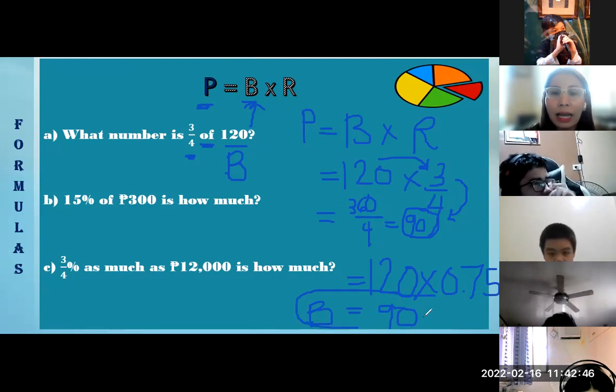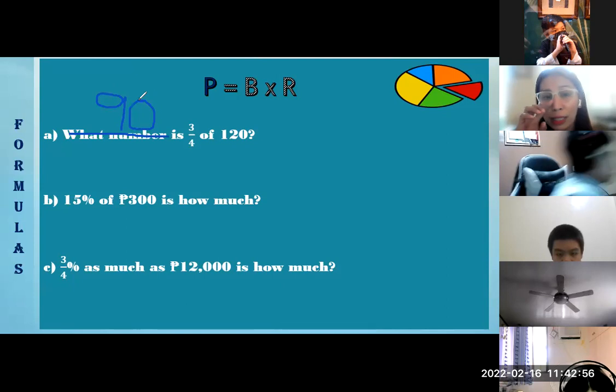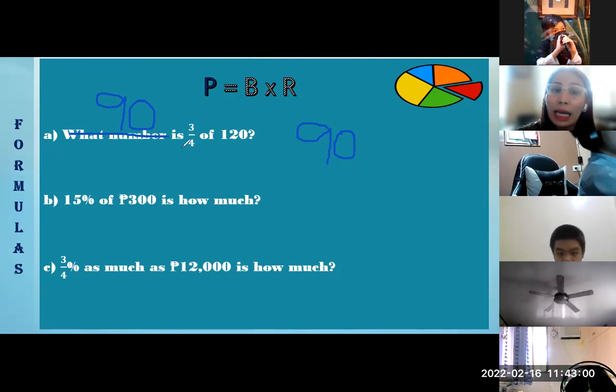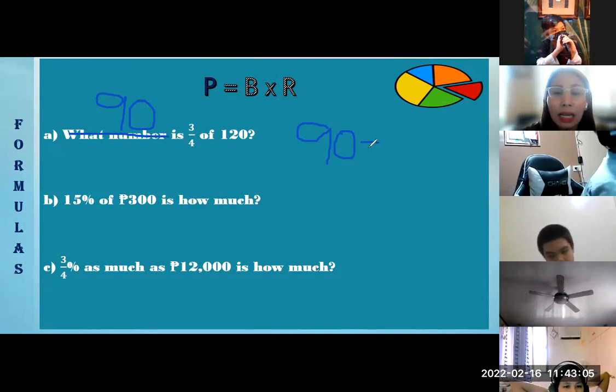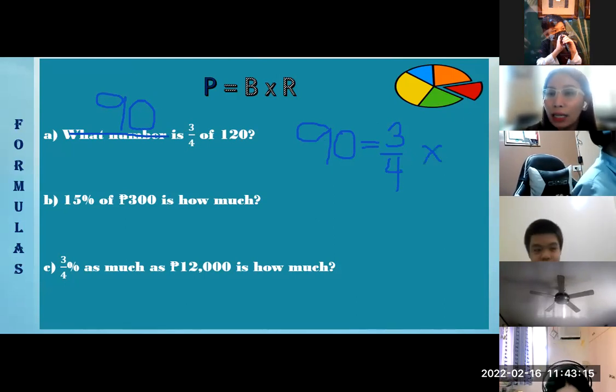So let's analyze. P is equals to 90. Let's put it in a number sentence. 90 is, meaning equal yan, class ha, 3/4, 3 over 4, of means you multiply by 120.